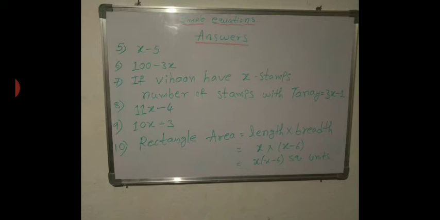Find the rule to determine the number of students in the class. So the rule is 11x minus 4, because in the last row we have only 7 students, not 11.